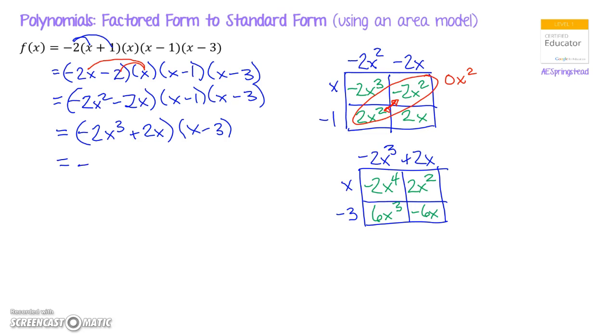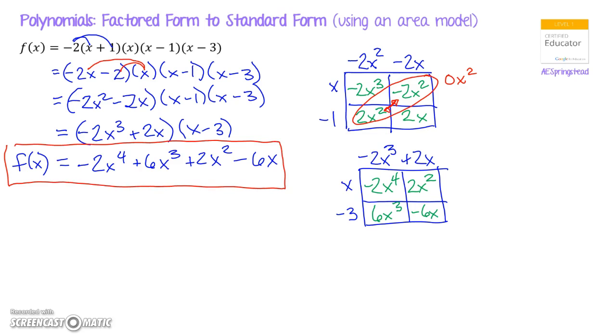So I have -2x to the 4th, and I'm going to put the x to the 3rd next. So plus 6x to the 3rd, plus 2x squared, and then finally minus 6x. And that's how you write the polynomial in standard form from factored form. So that is our final answer. Hope that helps.